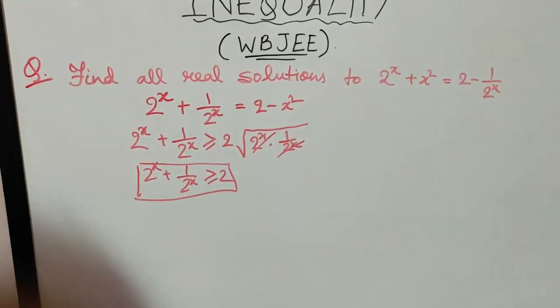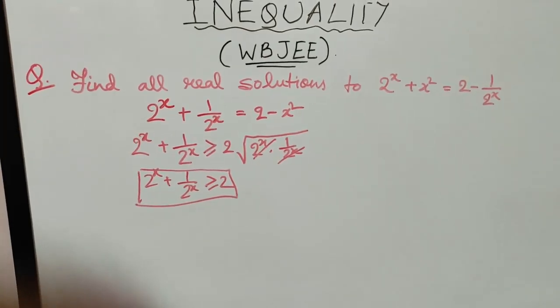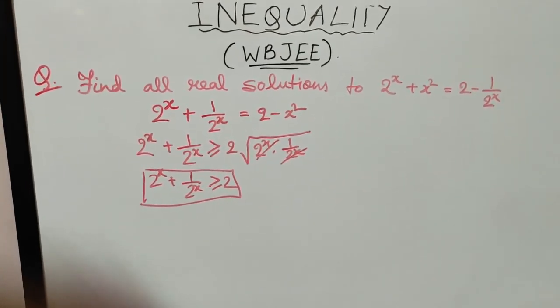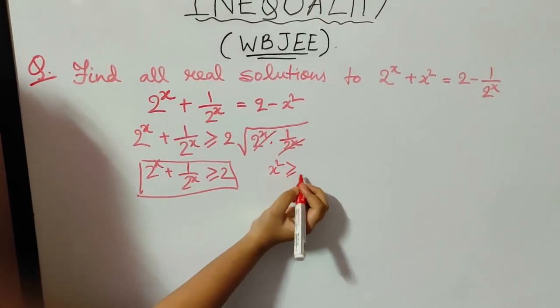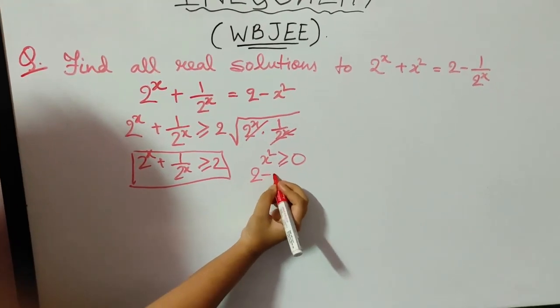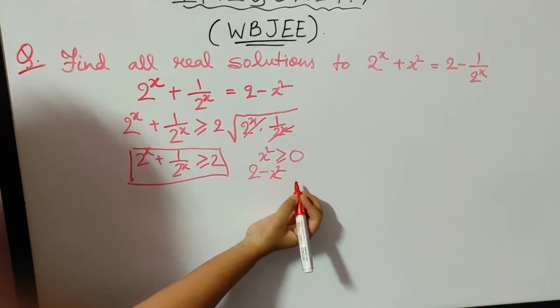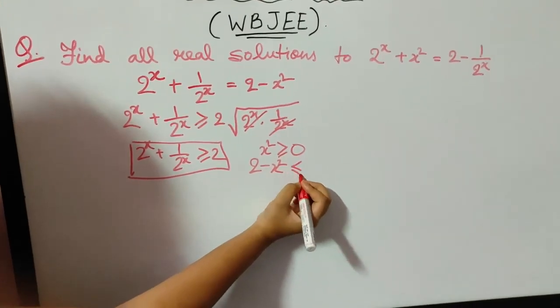Now looking at the right hand side, you know that x² is always greater than or equal to 0, right? So you can conclude that 2 minus x² is less than or equal to 2.